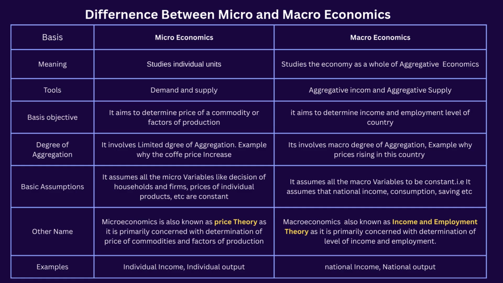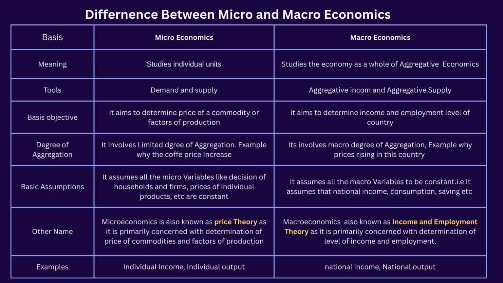Macroeconomics assumes the micro variables are constant, and studies national income, national consumption, how much income we generate in this country, how much we import, how much product we bought from outside the country, and how much we export from here to other countries. All this comes under macroeconomics.